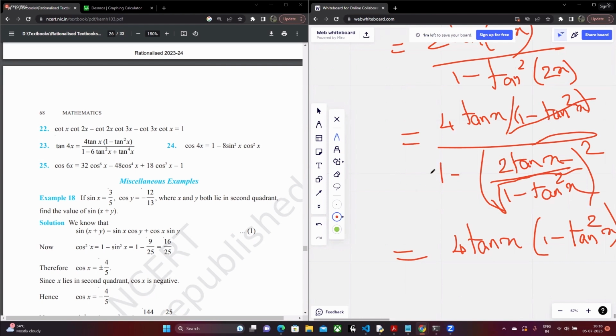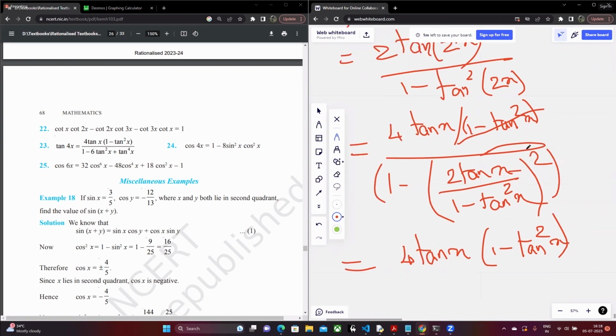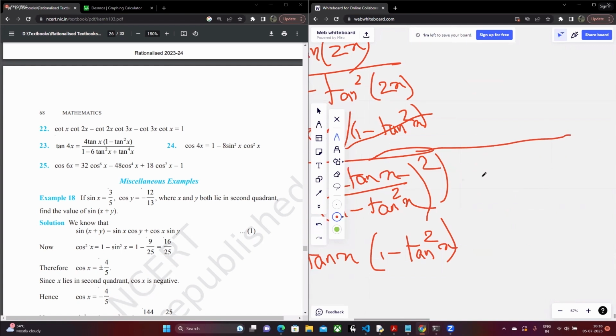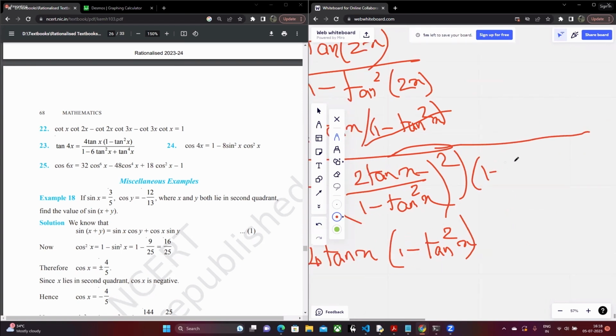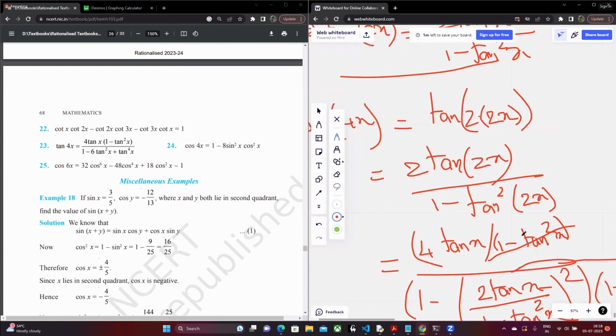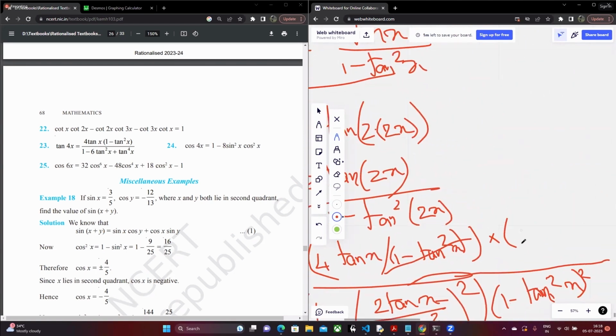Instead of making a root over here, I'll just multiply this by 1 minus tan square x the whole square, and over here, multiply this by 1 minus tan square x the whole square, and 1 square gets cut off with this.